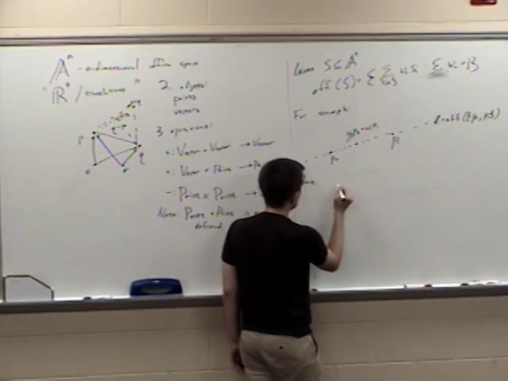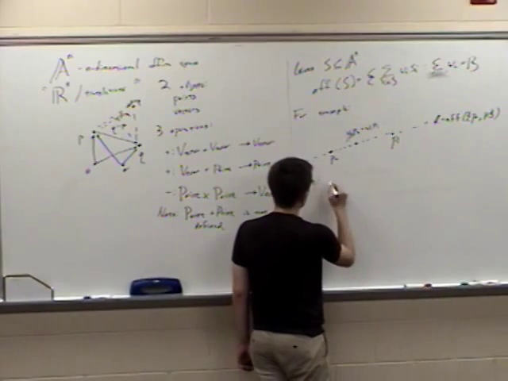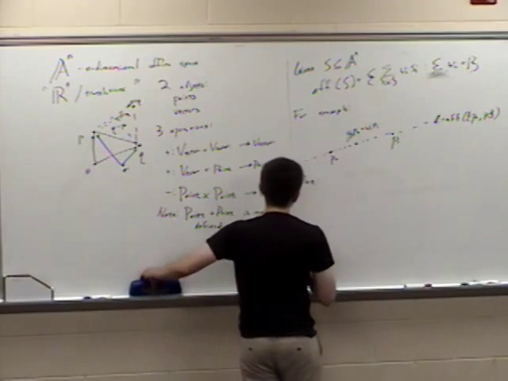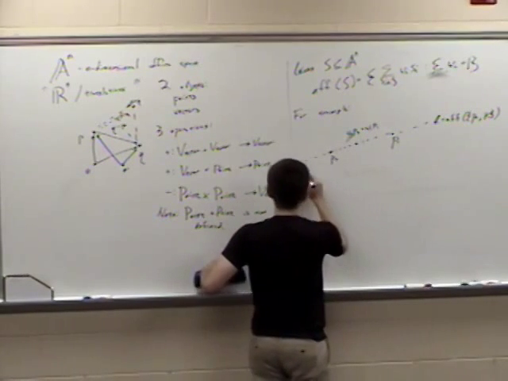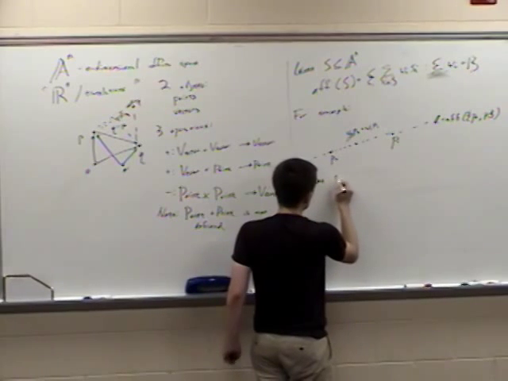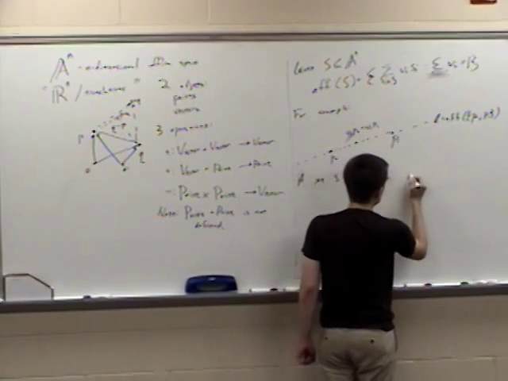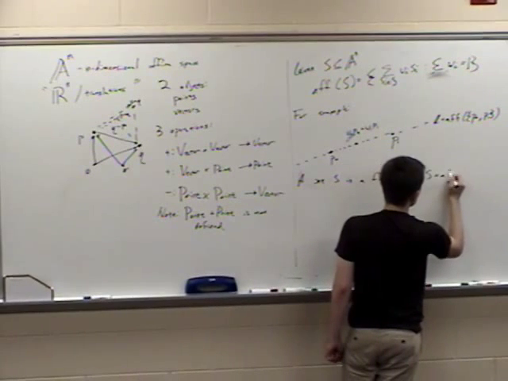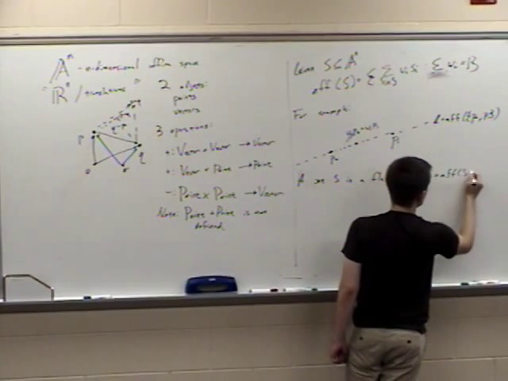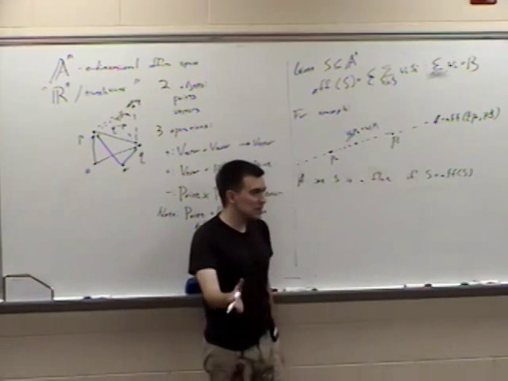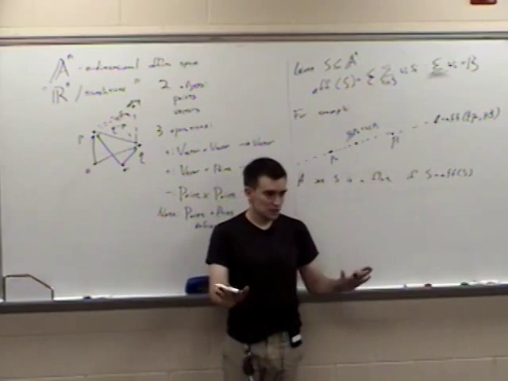So a flat, or I should probably write it like this. We'll say a set S is a flat if S is closed under its own affine hull. So if I take a set and I compute its affine hull, then it's called a flat.